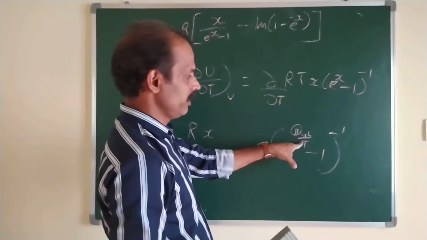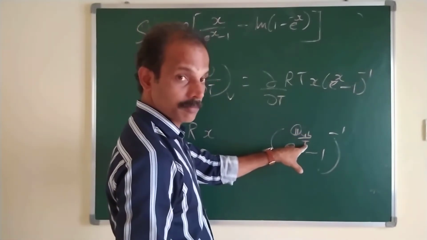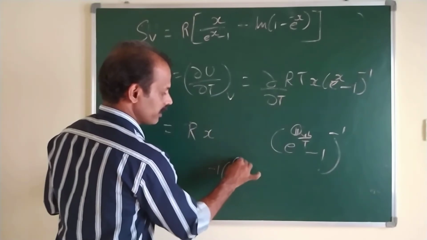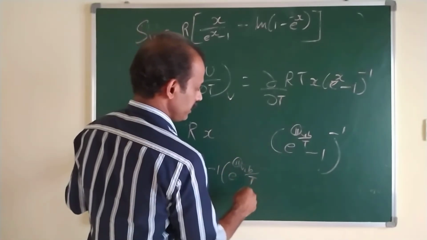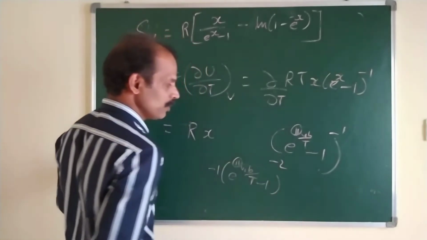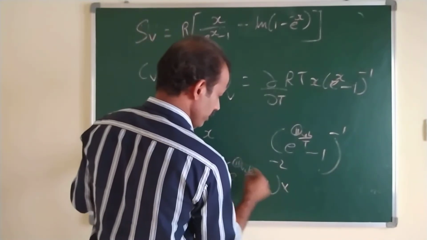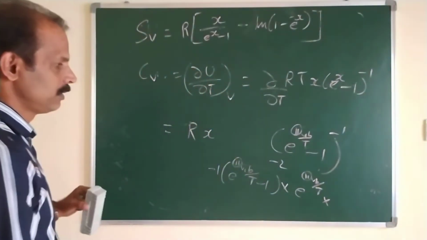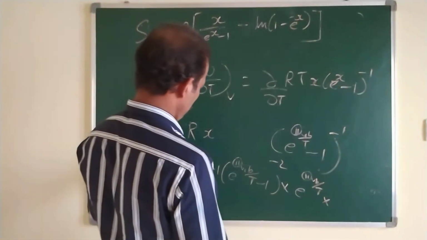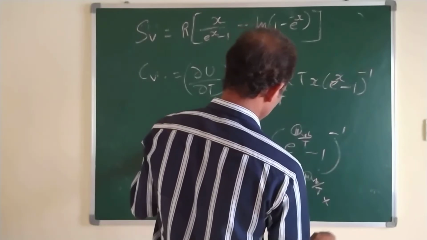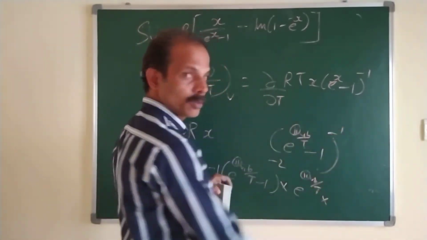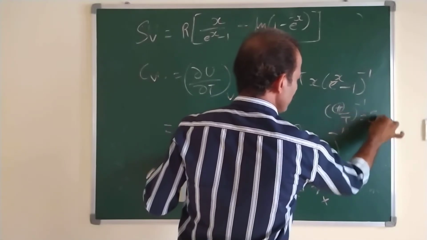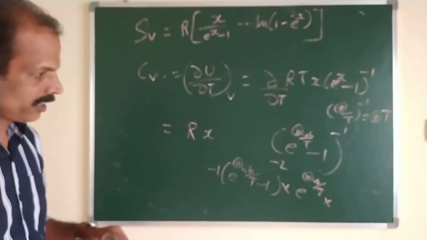It becomes minus 1 into e raised to theta vibration by T minus 1, all raised to minus 2, on differentiation into this term, that is e raised to theta vibration by T into theta by T all raised to minus 1, which is equal to theta by T.